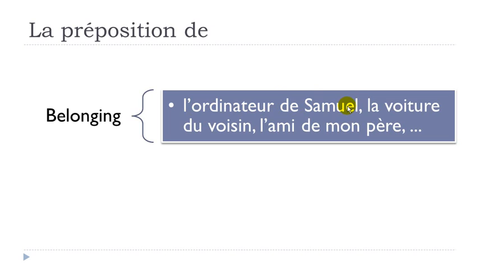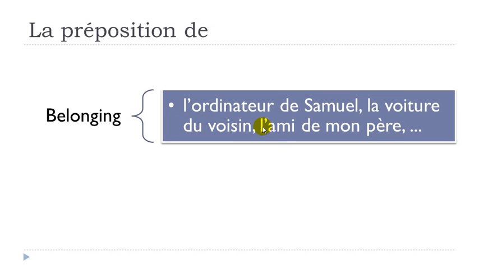Okay, it could be also like here, la voiture, the car of the neighbor, in that case, du voisin, voisin is the neighbor, okay, and if you look carefully, you've got the preposition de combined with the article le, the neighbor, and it becomes du, all right.